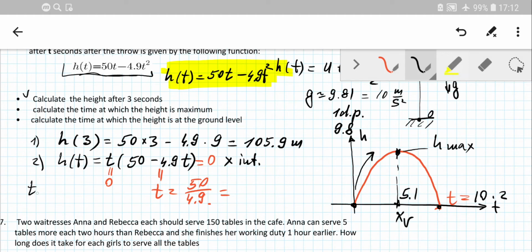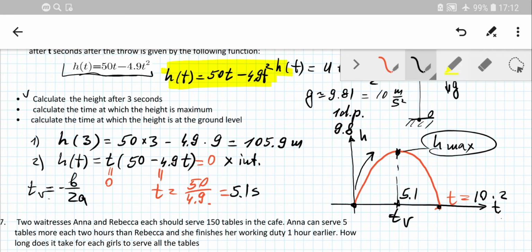In the same manner you can find the t vertex, because in our case it's applied maths, so you need to pay attention to where the independent variable and the dependent variable are. The independent variable is time, so it's sort of x. It's minus b over 2a, and you will get the same value, 5.1 seconds. That's the x vertex, or in our case the t vertex, so the t coordinate.